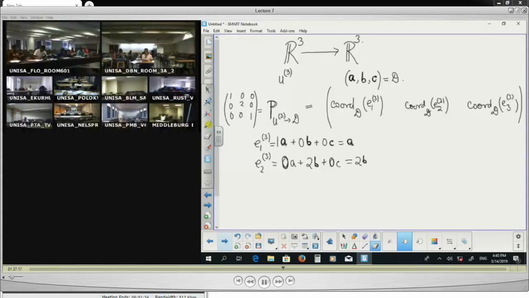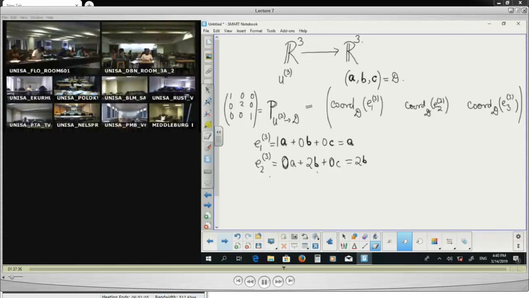Oh, why do I do this? Why do I bring this? So therefore, it tells me that B is half of E2, right?